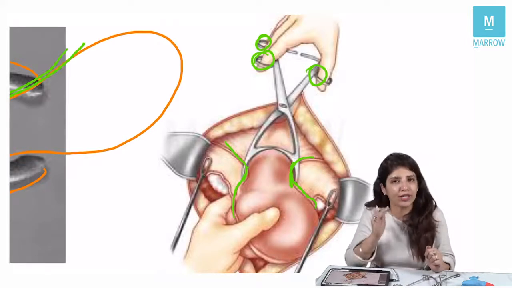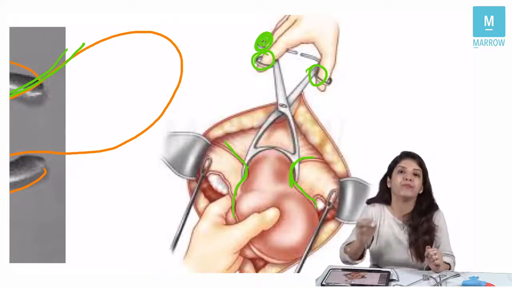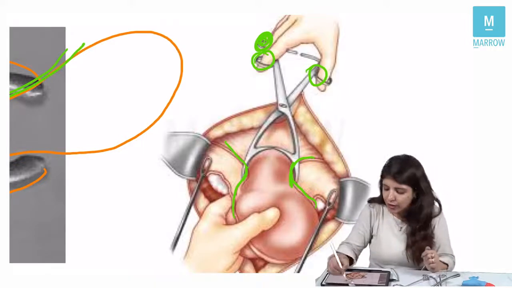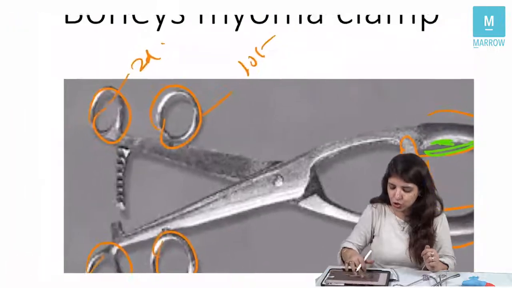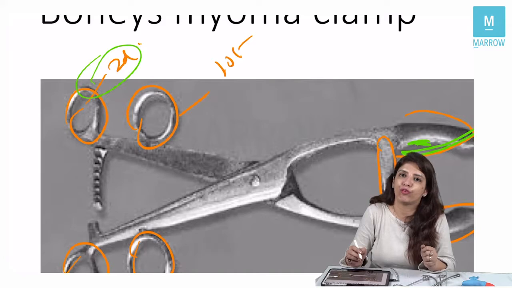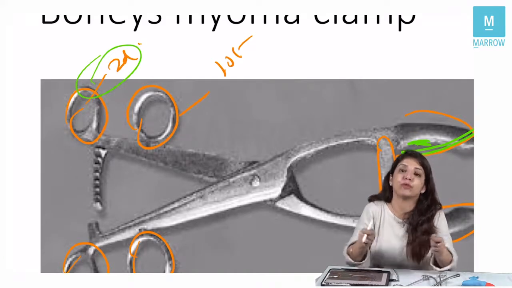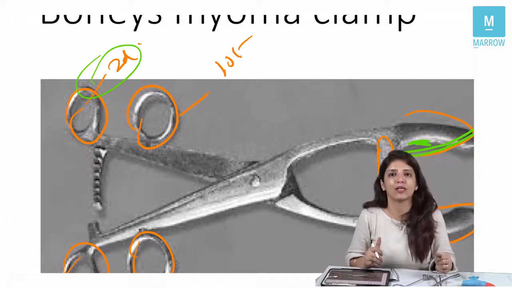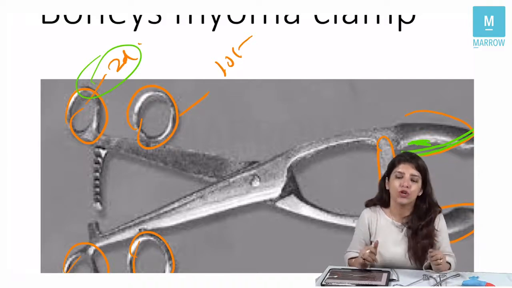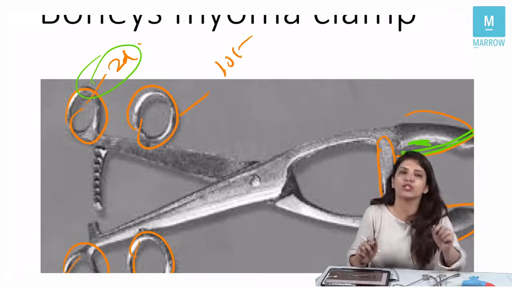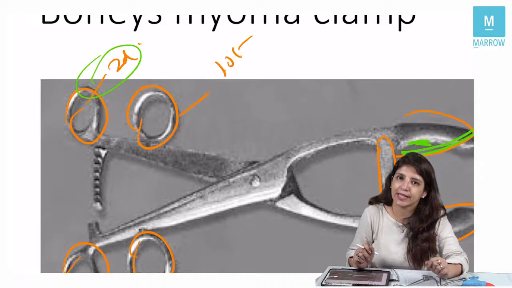So in order to release the clamp, you are going to use the distal pair or the second pair of finger grips. The first pair of finger grip is used to hold the isthmus. The second pair of finger grip is used to release pressure on the isthmus. So yes, this question can also be asked, at what time interval should the myoma clamp be released? So after every 15 minutes, you should release the myoma clamp.